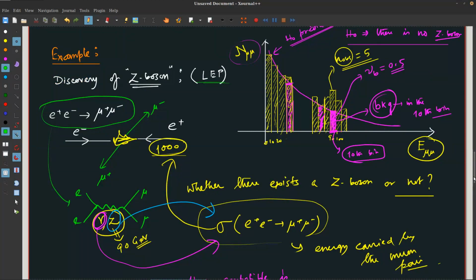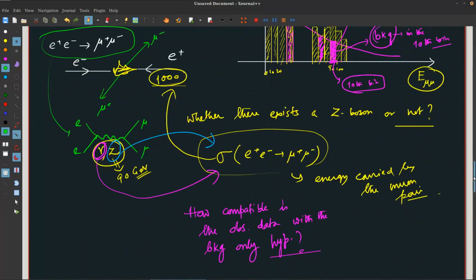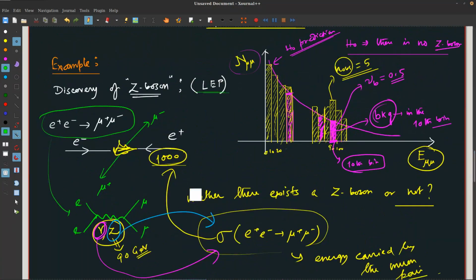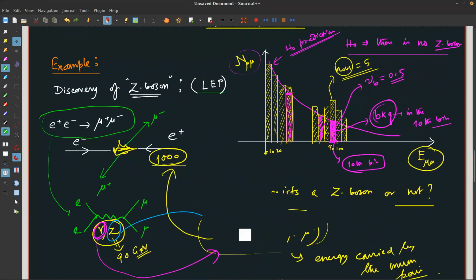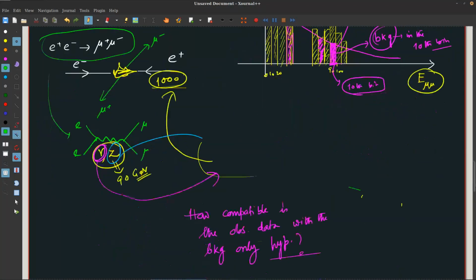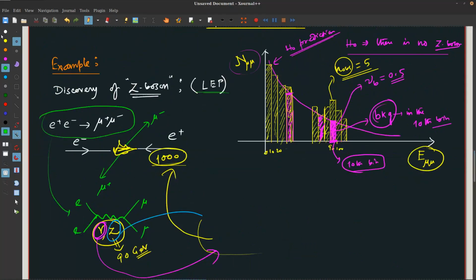Okay, and just below this plot, they can plot another thing. So let me erase this part here. So just below this plot, what you can do.